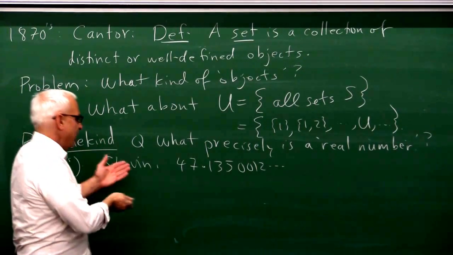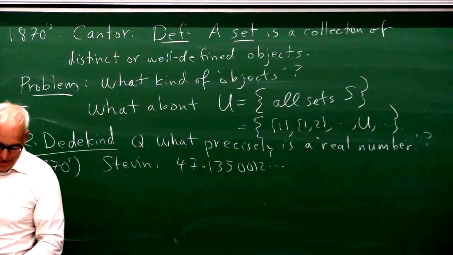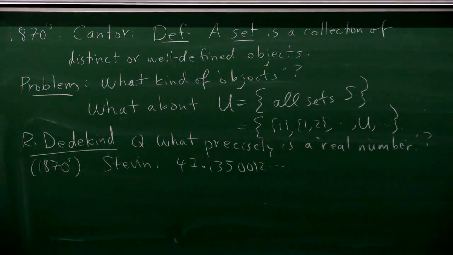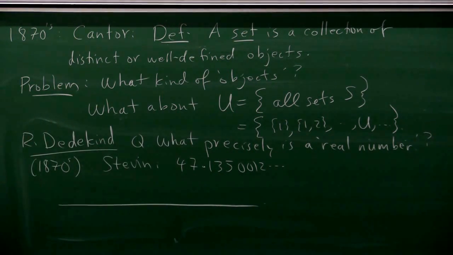But when you try to develop a theory of arithmetic with such infinite decimals, there are quickly some problems that come up. And mathematicians realized that infinite decimals was not perhaps the best way of thinking analytically about what's going on here. So Dedekind proposed a different idea, and Dedekind's idea became known as the theory of Dedekind cuts.